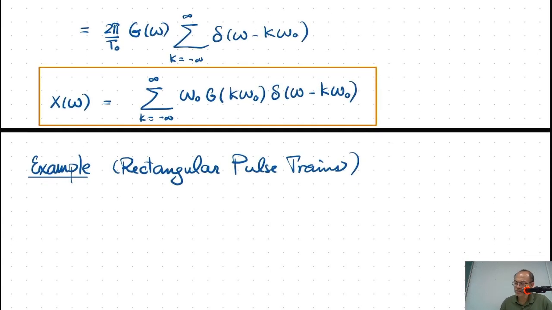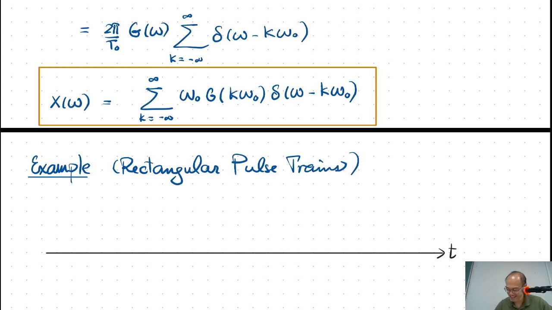A rectangular pulse train looks like this. You have rectangular pulses, and you put one every t0.